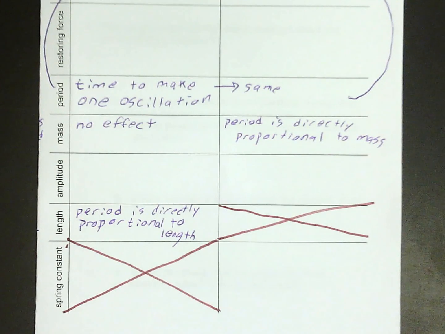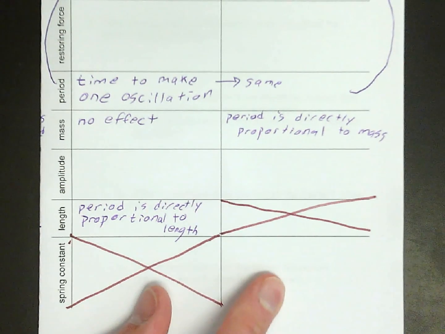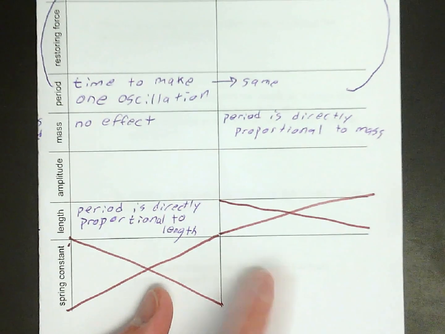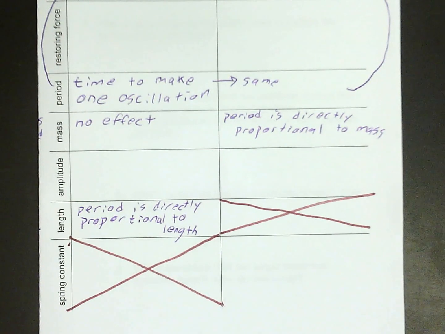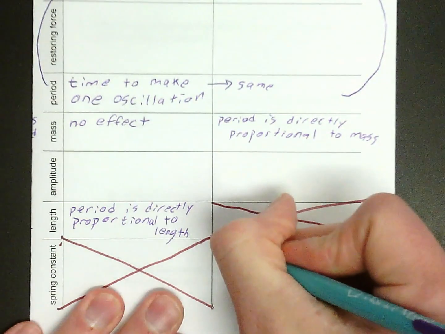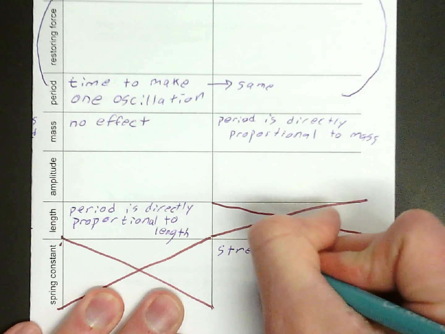All right. Parker and Matthew, give me something else. Let's talk about spring constant. You remember what spring constant is? I'll give you a hint. It has to do with springs. That's not a bad way to phrase it. I'm going to change your phrasing just slightly, but it's a measure of the strength of the spring. Describing it as how bouncy it is is not a terrible way to put it.